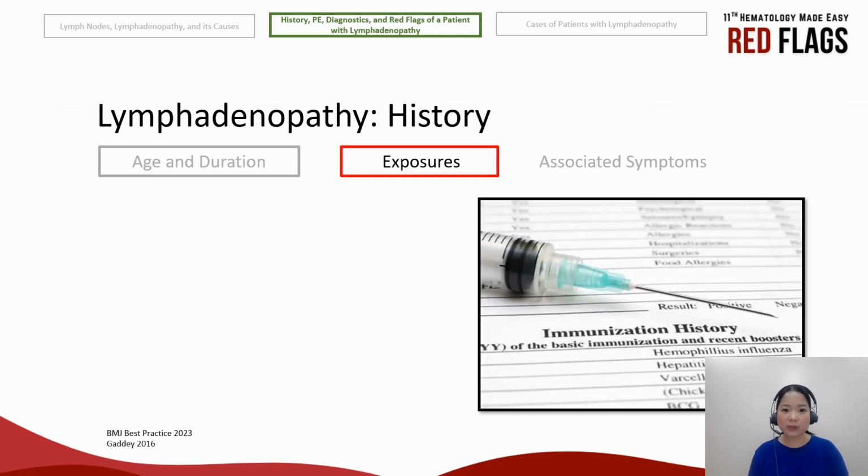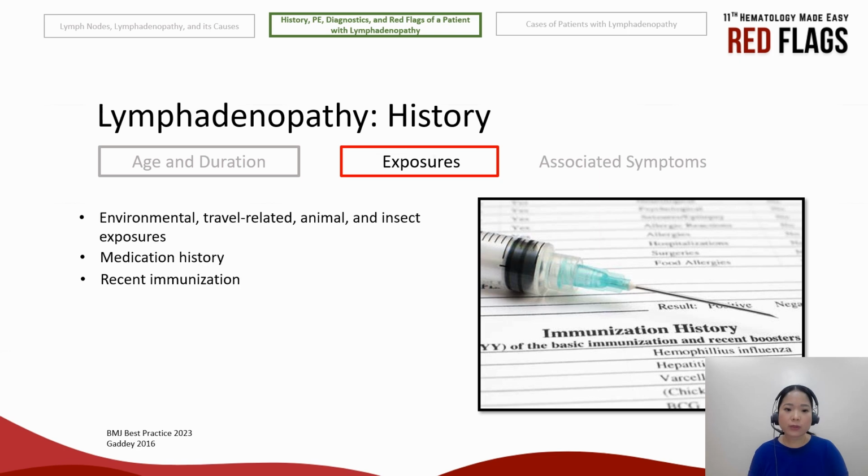Aside from the age of the patient and the duration of lymphadenopathy, there are certain exposures that should be thoroughly asked in the patient's history. That would include environmental, travel-related, animal and insect exposures, medication history, recent immunization, tobacco, alcohol use, and ultraviolet exposure, which increases the risk of malignancy.